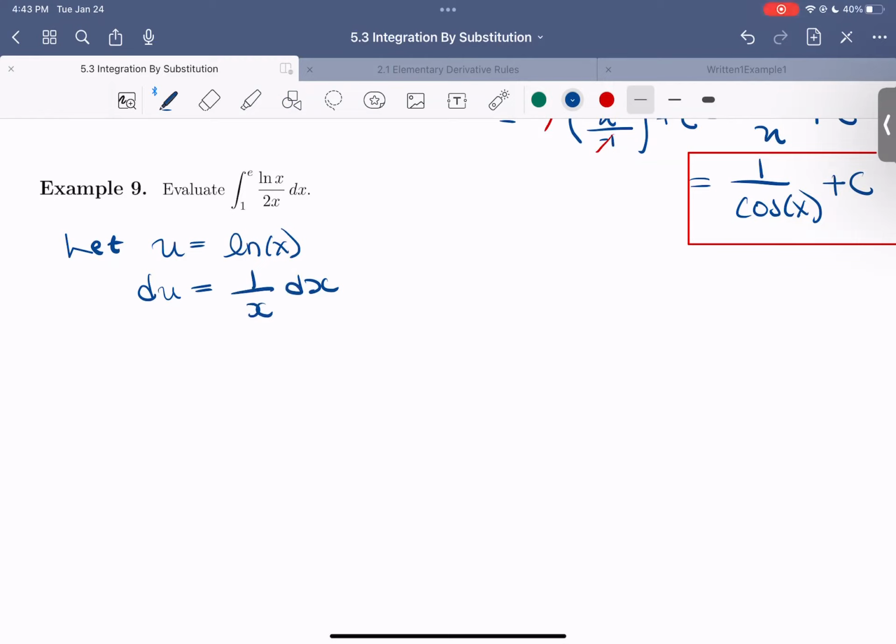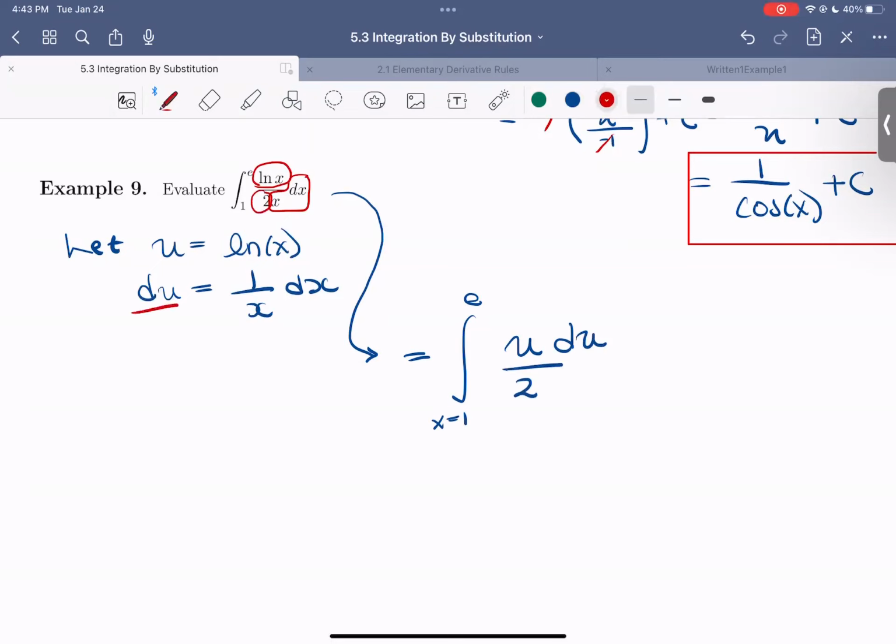We can see that we have a u in the numerator, and then this dx over x becomes our du. So that means that this is equivalent to the integral where x equals 1 to e of u du over 2. So we still need that division by 2.